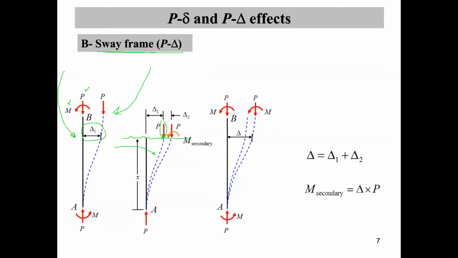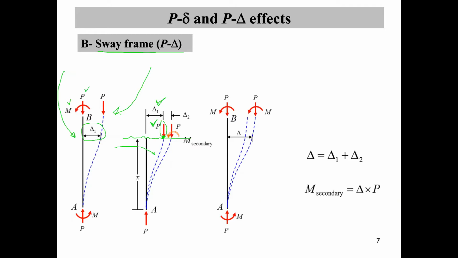In other words, sigma Fx equals 0, where x is the vertical axis. The result will be a couple. The value of this couple is P times delta 1.